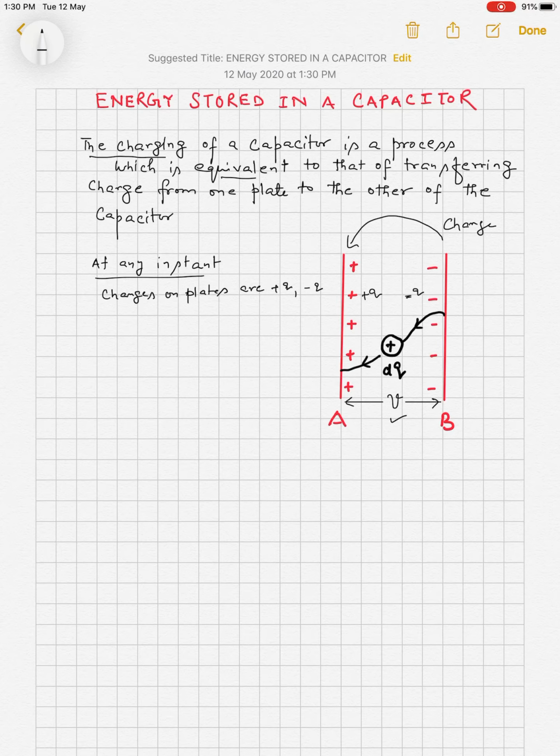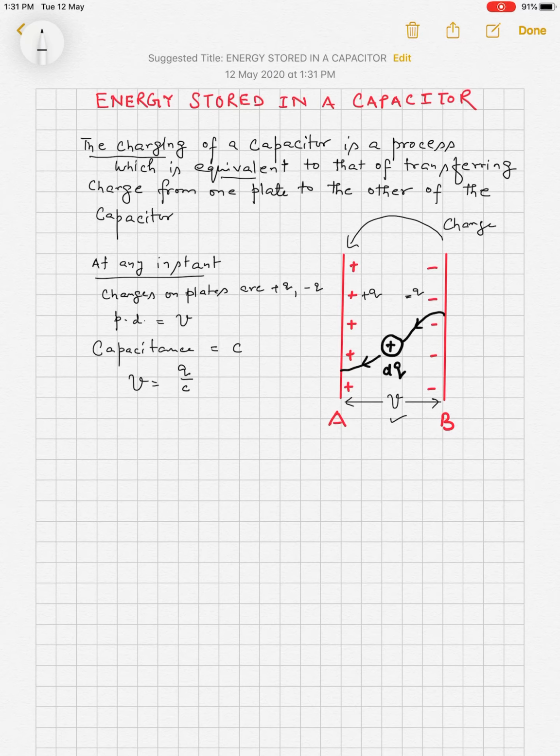At this time, when the charges on the plates are plus Q and minus Q, the potential difference is equal to small v, and C is the capacitance. So the relation C equals Q upon V, or V equals Q upon C. This is the potential difference between the plates when the charges on the plates are plus Q and minus Q.